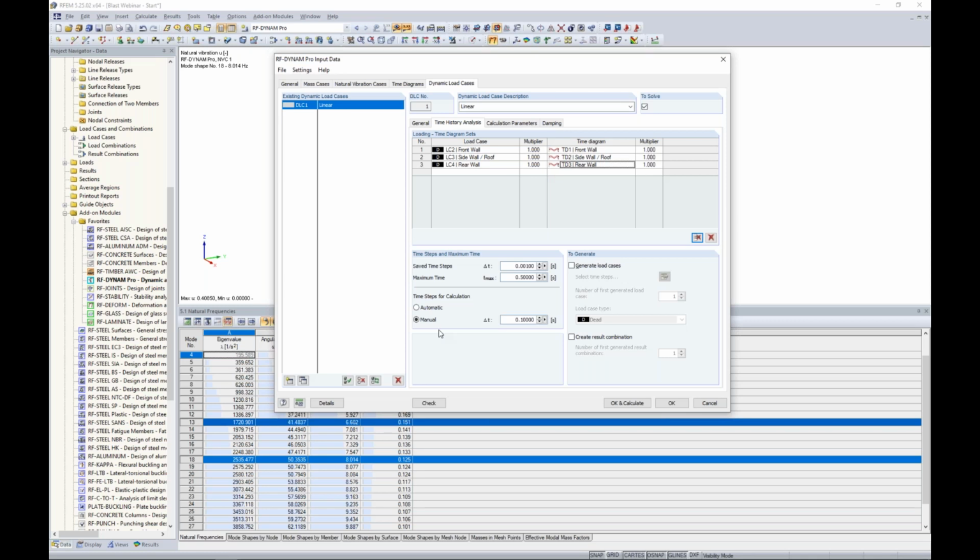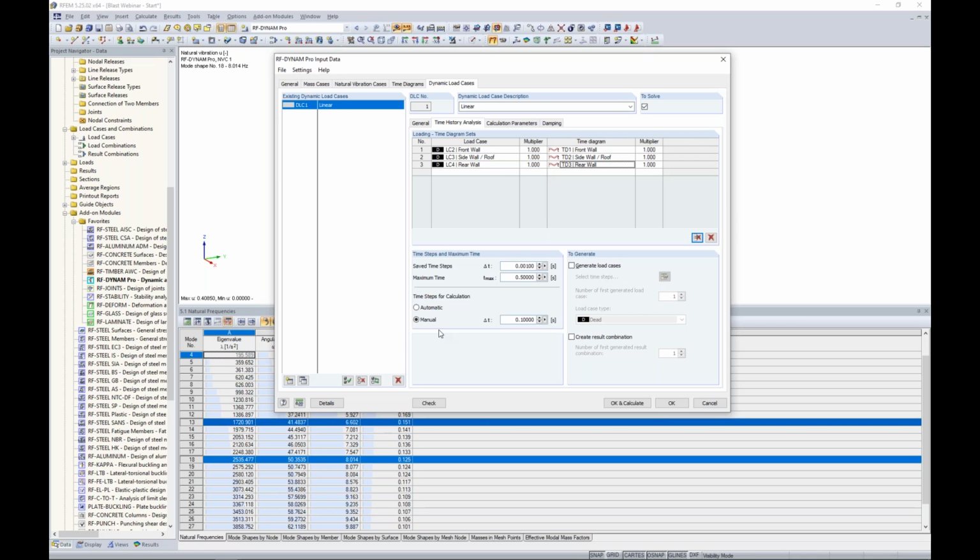Now, I always suggest to run a time step study. And what I mean by this is to set a time step, run the calculation, view the results. Then go back in, set the time step to something even smaller, run the results, and then compare those two. And if you're seeing significant changes between the results, then you know that you need to continue reducing your time step in order to get accurate analysis.